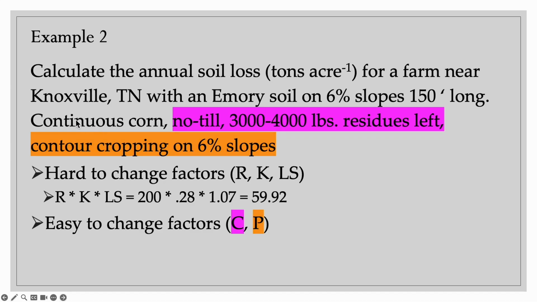This is the location. We're still going to grow continuous corn, but let's see what happens if we change to no-till with almost 2 tons of our residues being left. And we've implemented contour cropping on 6% slopes.